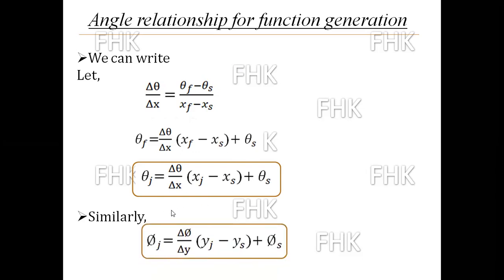Similarly, for the output link, the same formula can be written with phi j. Phi is the inclination of the output link.